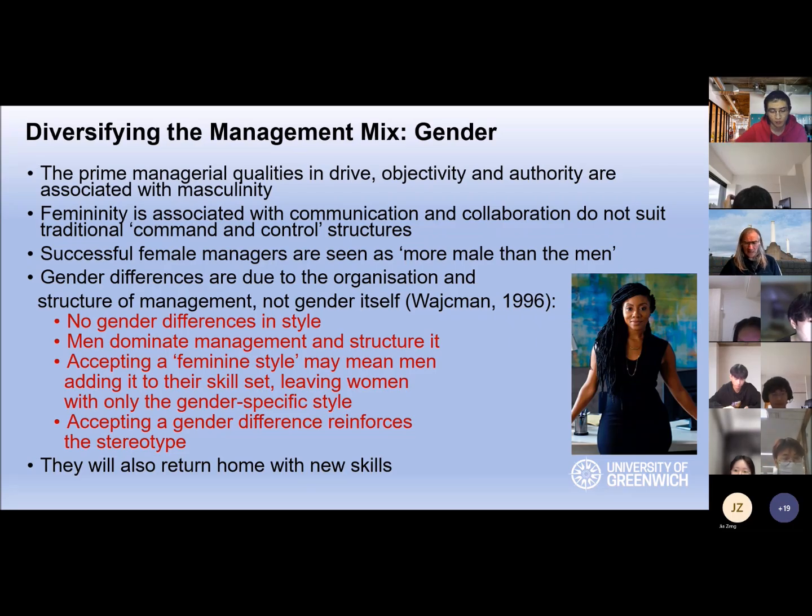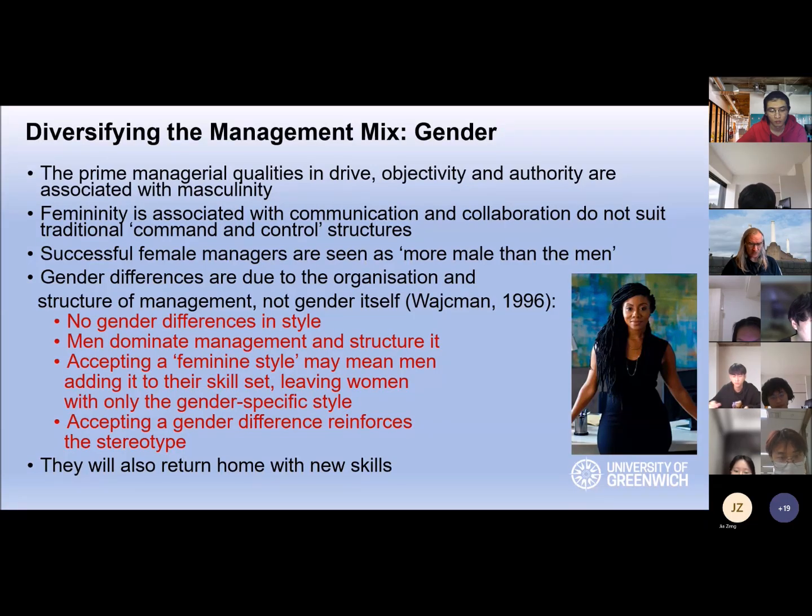There was a study done in 1996, or this is the one I've picked on, but there are many other studies on this about gender differences in the organization. And what this study found was that it's not gender that's important, it's the structure of management. Traditionally men have dominated in management.